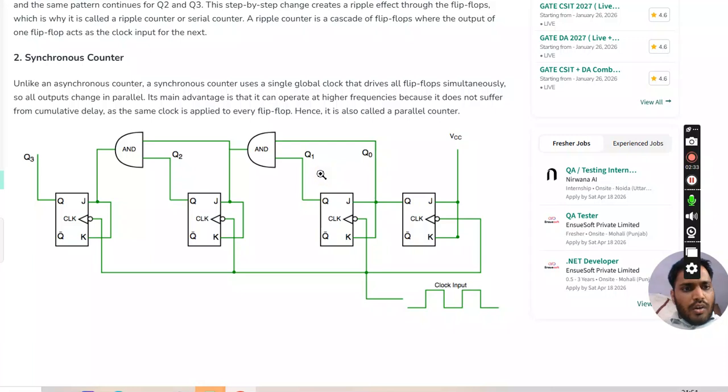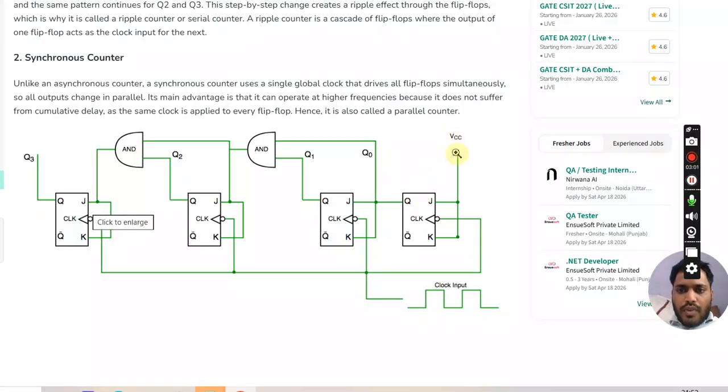The synchronous counter, on the other hand, uses a single global clock, and that global clock drives all the flip-flops simultaneously. So all the outputs will change in parallel. You can see there is a clock signal here. This clock signal is used in all the flip-flops. Same JK flip-flop is there, Q bar is there, same outputs are there, Q3, Q2, Q1 and Q0.